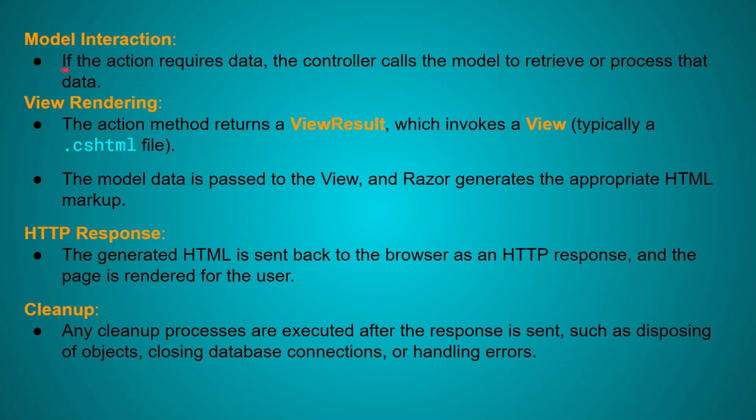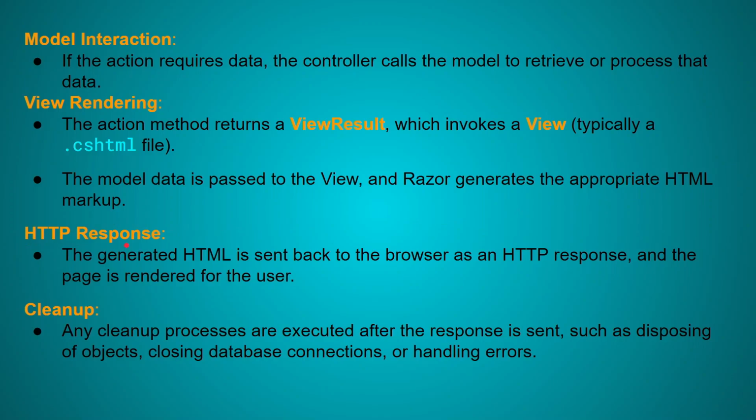Model interaction. If the action requires data, the controller calls the model to retrieve or process the data. View rendering. The action method returns a view result which invokes a view, typically a .cshtml file. The model data is passed to the view and Razor generates the appropriate HTML markup.